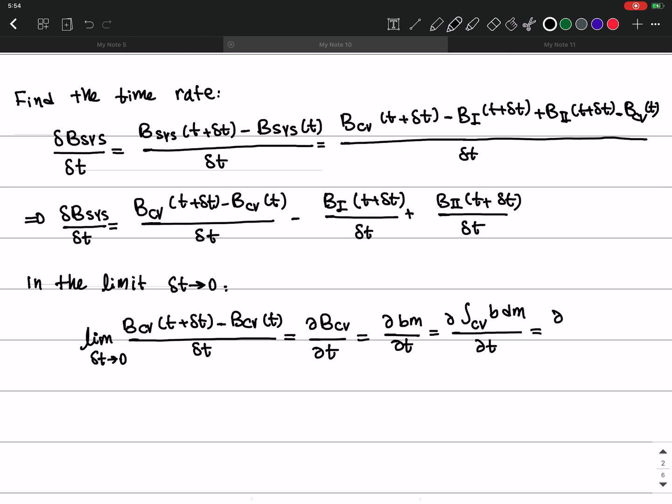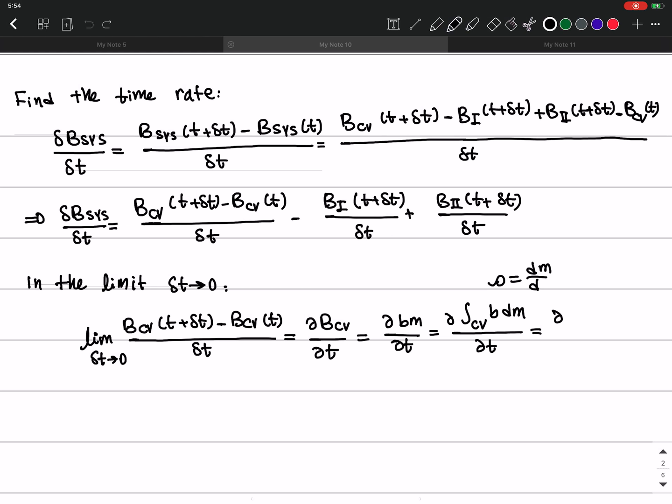Instead of dm I'm going to write rho, say it's constant, times dV, because density rho is dm over dV.